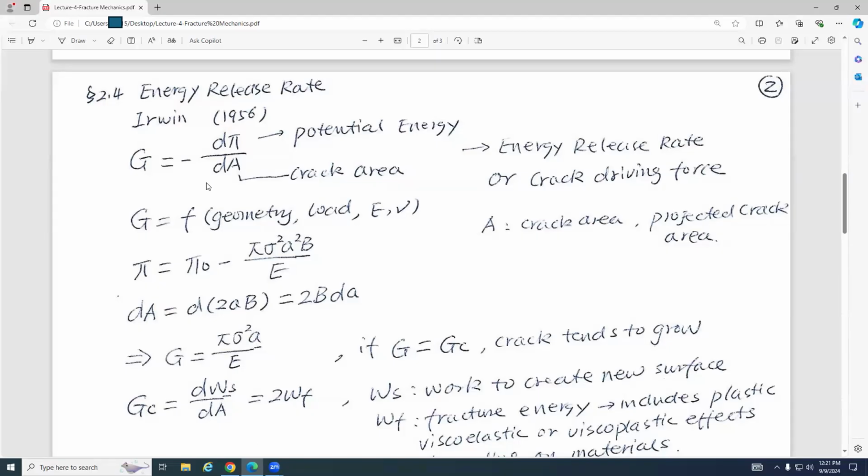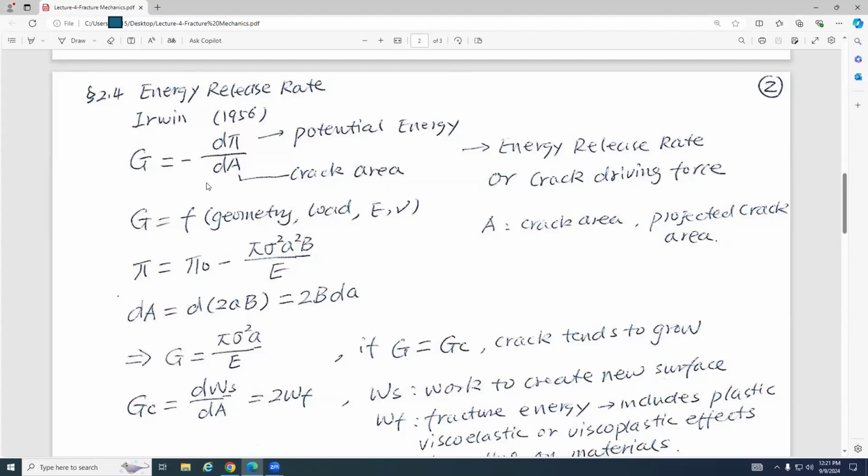That's the reason the crack area equals 2aB. 2a is the length of the crack, B is the thickness, and d of 2aB. Because B is constant, dA, capital A, equals 2B multiplied by da.